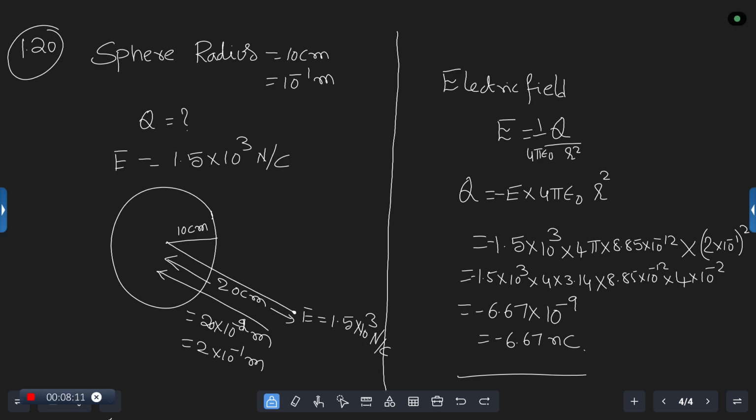Approximate value you will get. Approximately you take 9, approximately you take 3. Okay, you will get the answer. You will get minus 6.67 nanocoulomb.